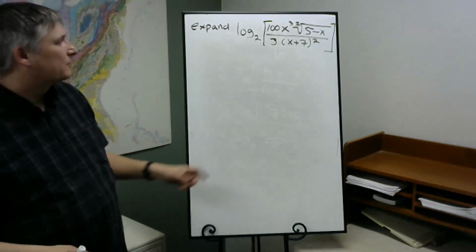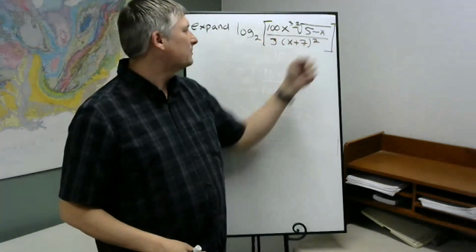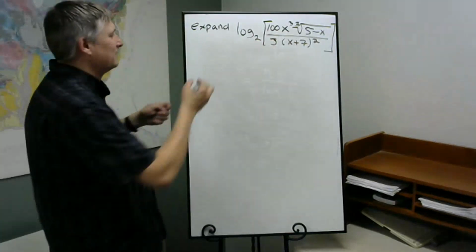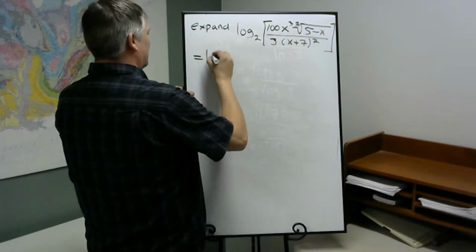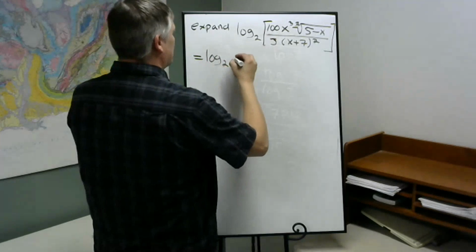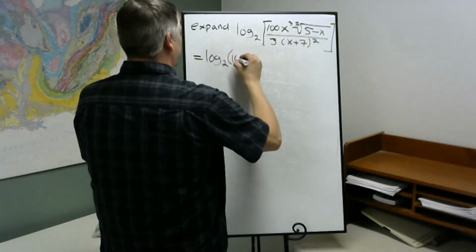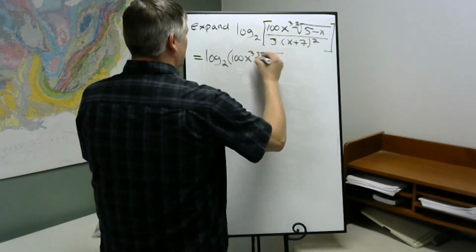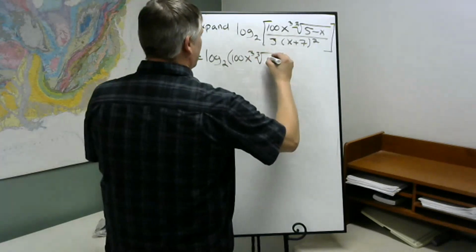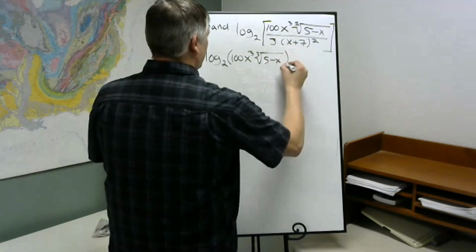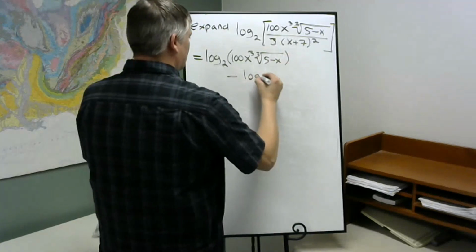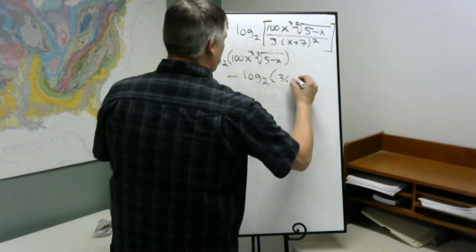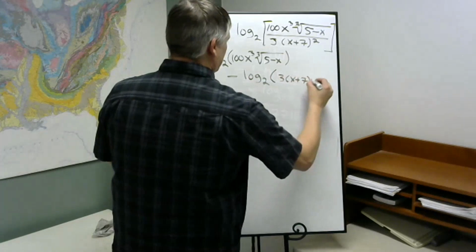So what we're going to do first, we're going to treat this as one whole piece, treat the denominator as one whole piece. We're going to use our subtraction. So we have log base 2 of 100 x cubed, cube root of 5 minus x, minus log base 2 of 3 x plus 7 squared.